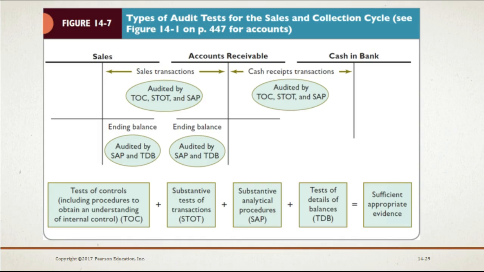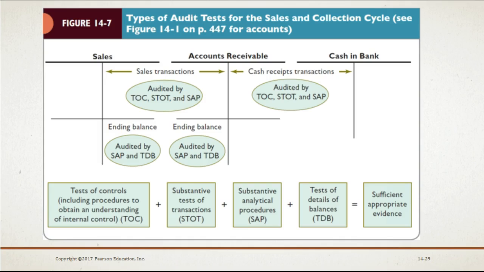Ending balances for sales is usually audited using substantive analytical procedures and tests of details of balances. Sufficient appropriate evidence is acquired through the application of tests of controls, substantive tests of transactions, substantive analytical procedures, and tests of details of balances. You can find Figure 14-7 on page 469 of your textbook.